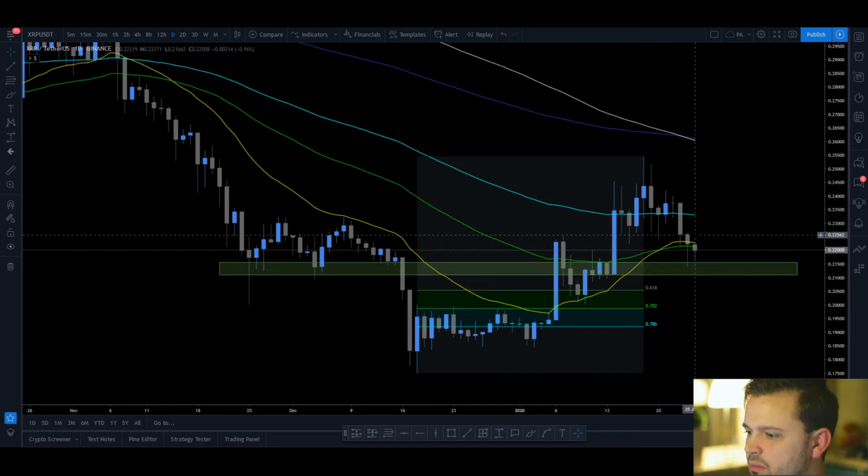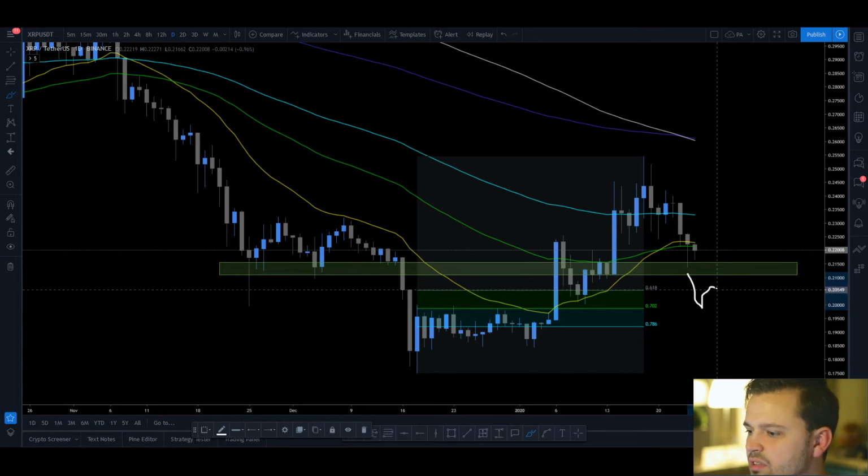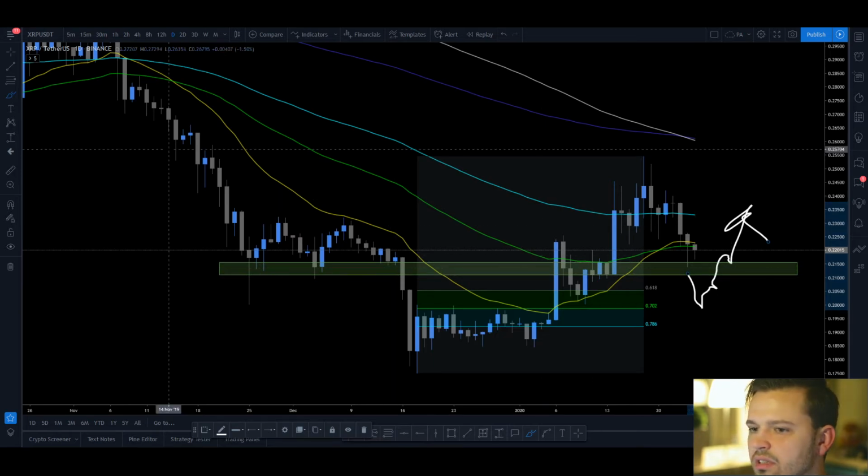That would be very bullish in my opinion, but it's looking pretty weak right now. So I would anticipate a move down into the RLC, probably a quick wick, and reclaim the high of the RLC and then reclaim this area for a move higher. That would be a very nice setup: wait for this bounce and then long a retest of this area right here.